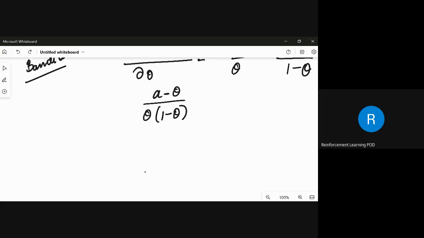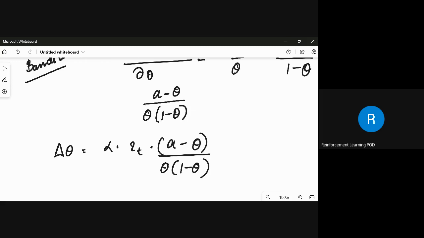Now, what will be our update rule? Alpha times RT multiplied by this quantity, A minus theta divided by theta times 1 minus theta. So in the lecture slide, you will find that alpha, your learning rate, kind of absorbs this denominator quantity, and sir writes something like this: rho times RT multiplied by A minus theta.